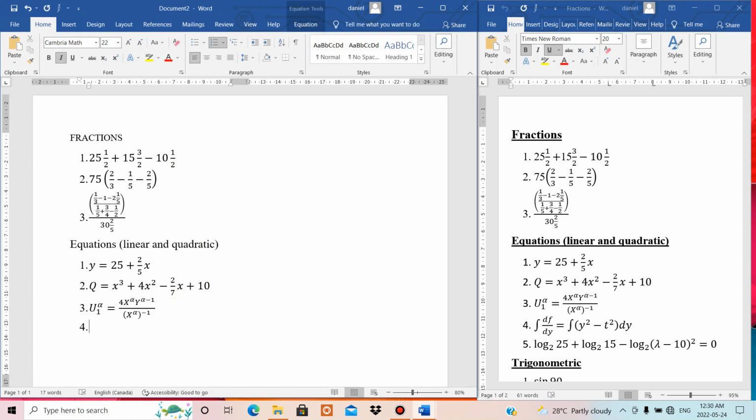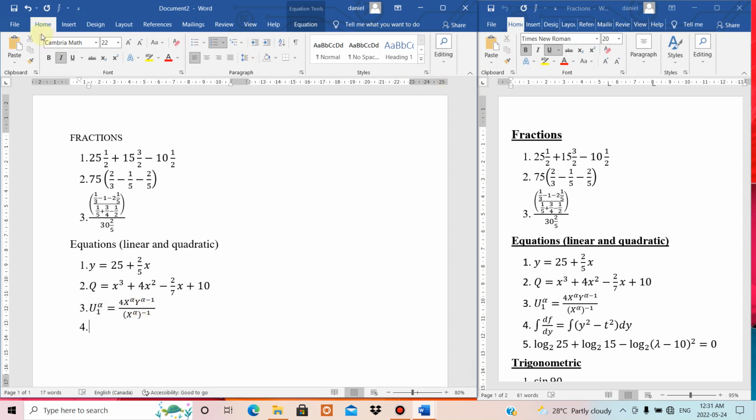The fourth equation is our integral of df over dy. If you integrate df over dy, you get a function of y and t.